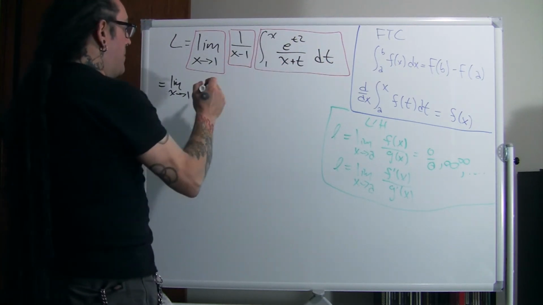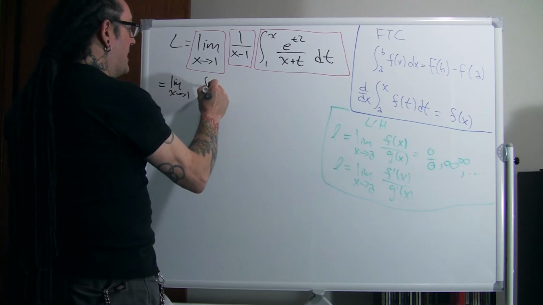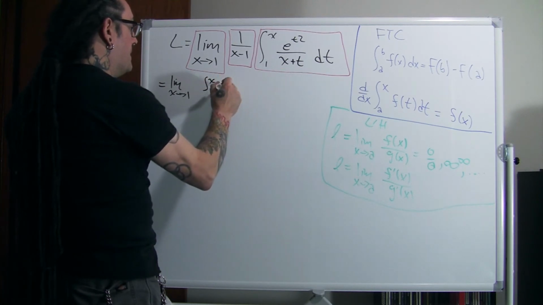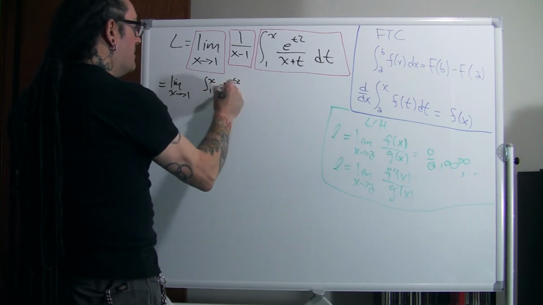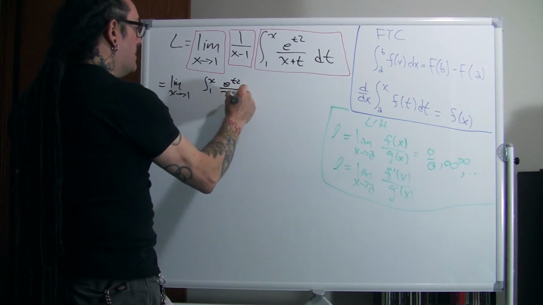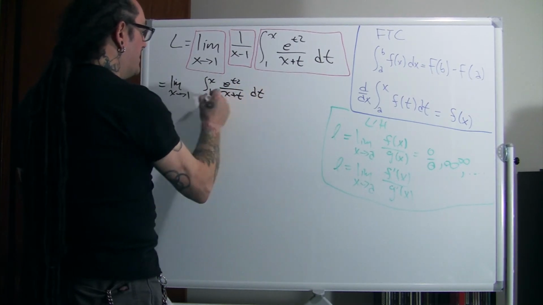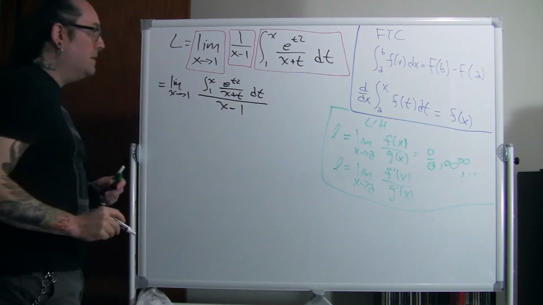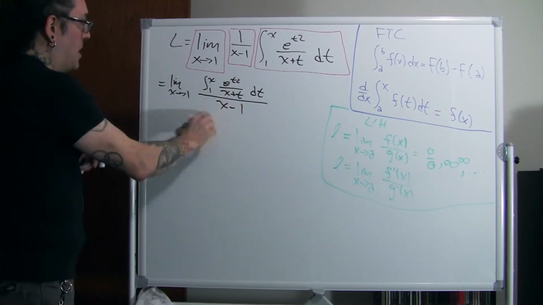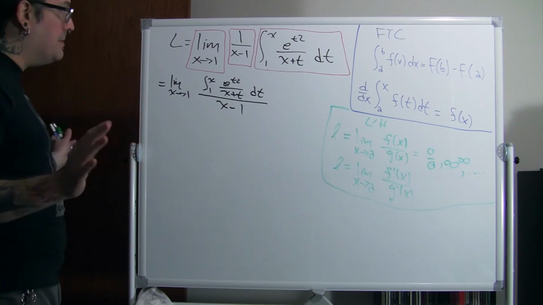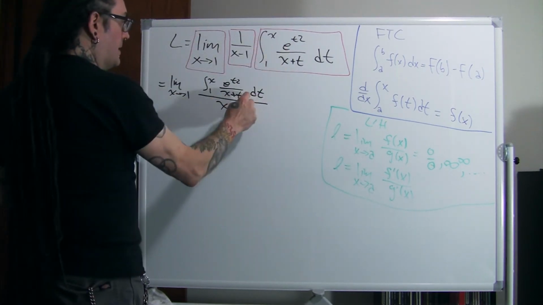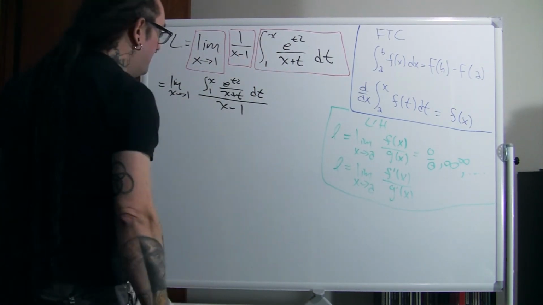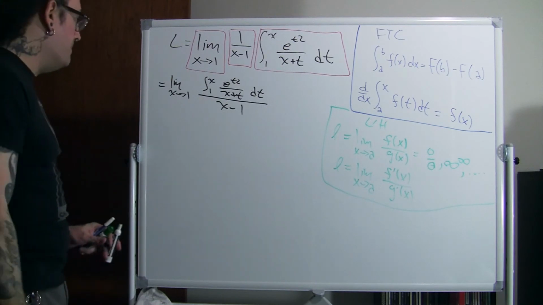So let's write it that way and see if this sheds any light on the situation. T, that's the numerator, and then the denominator is x minus 1. Right? This and this are equivalent. We just did some algebra, right? 1 times this goes in the top, this stays on the bottom, all good.